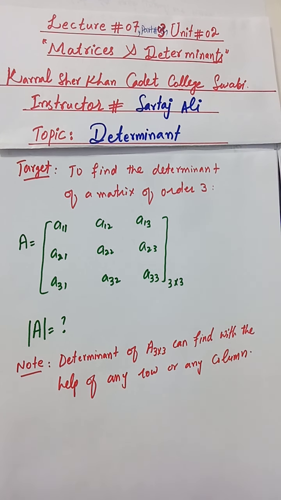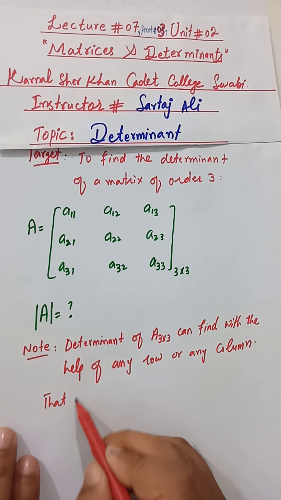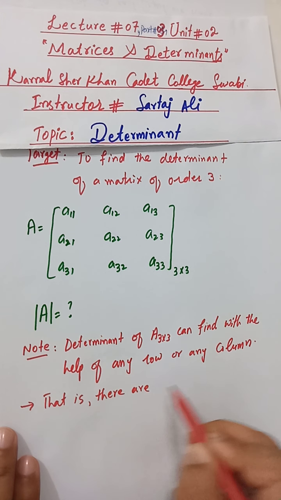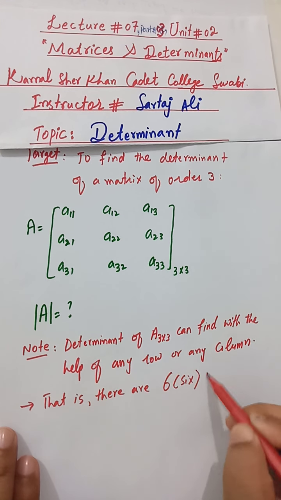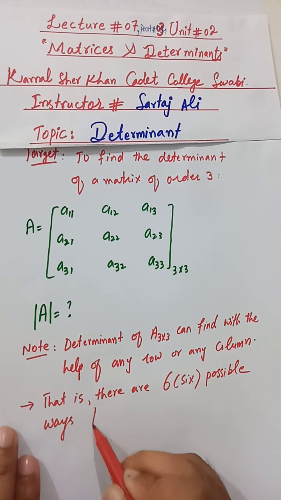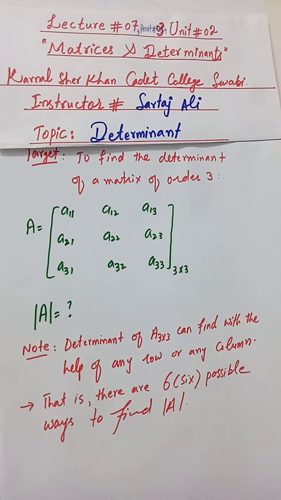There are 3 rows and 3 columns, so it means that there are 6 possible ways to find the determinant of an order 3 matrix. You can find the determinant with the first row, the second row, the third row, or with the help of the first column, second column and third column.